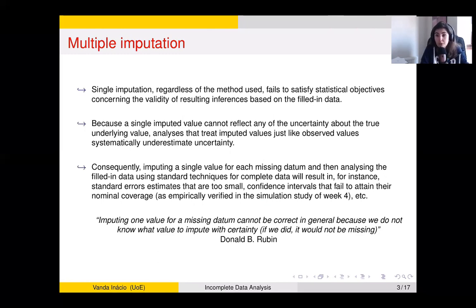If we did, the value would not be missing. And I think that this sentence summarizes the problem of single imputation. But okay, single imputation, or at least stochastic regression imputation, was already quite good. So if we can fix it somehow, then it would be a good technique for dealing with missing at random data, correct?